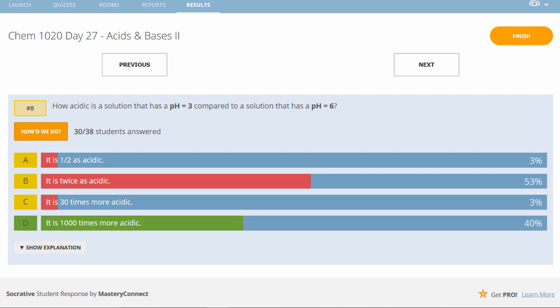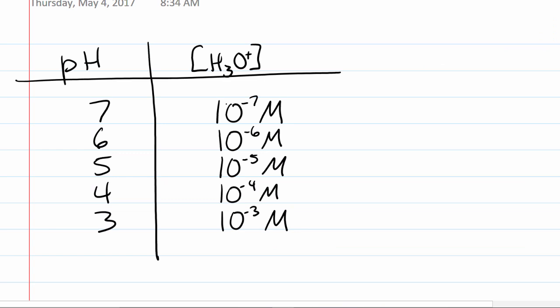The correct answer is 1,000 times as acidic. Now, how do we get that? Remember, at a pH of 6, the hydronium ion concentration is 10 to the negative 6 molar. At a pH of 3, it is 10 to the negative 3rd molar.